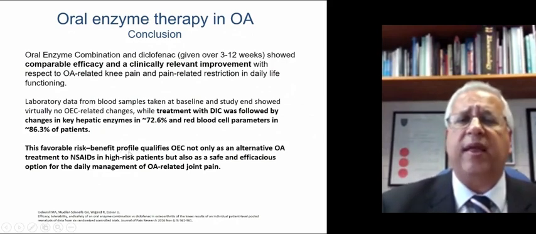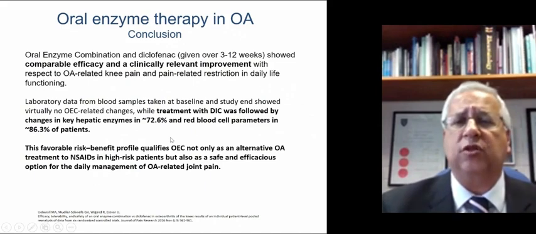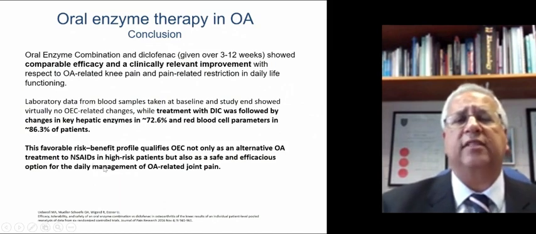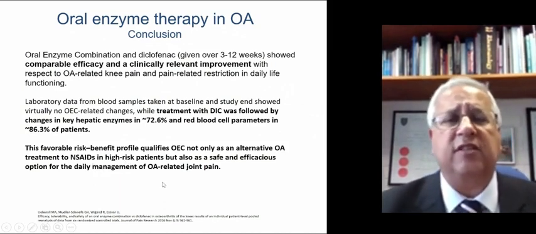And this favourable benefit-risk profile suggests that the oral enzyme combination might well be an alternative form of intervention in patients with osteoarthritis who are at high risk of non-steroidal anti-inflammatory complications or of adverse events from paracetamol use.